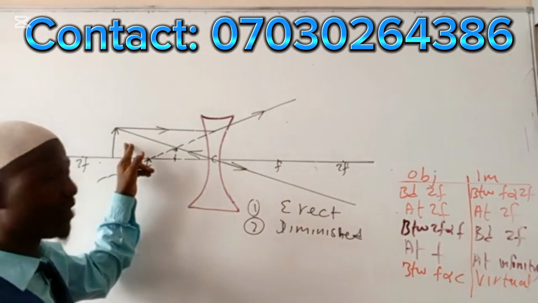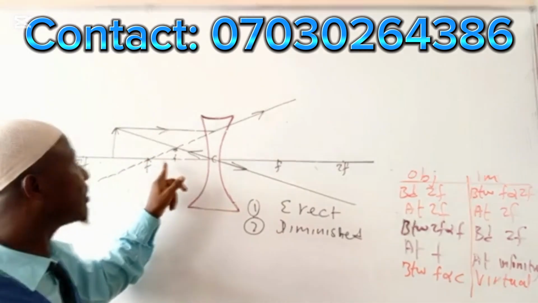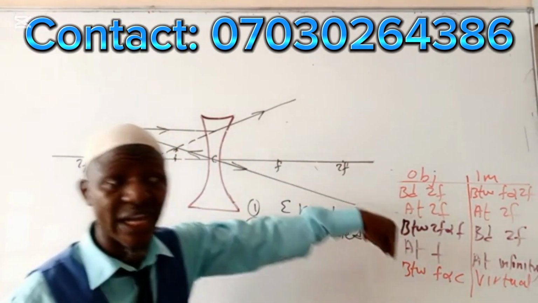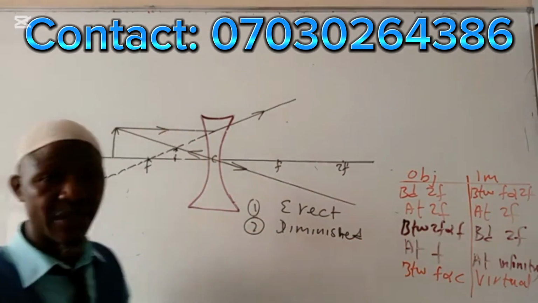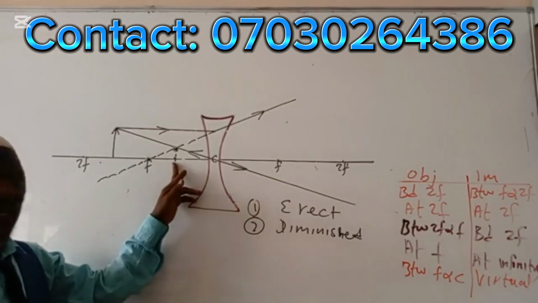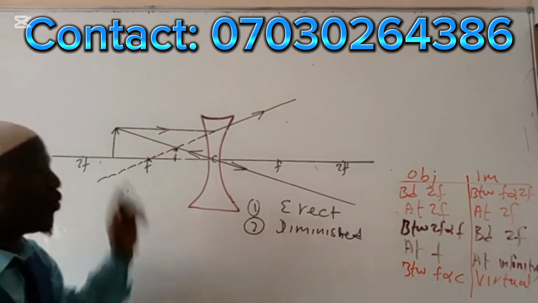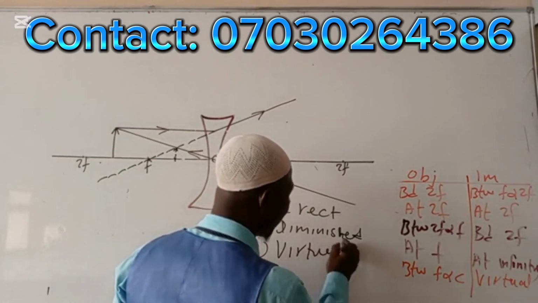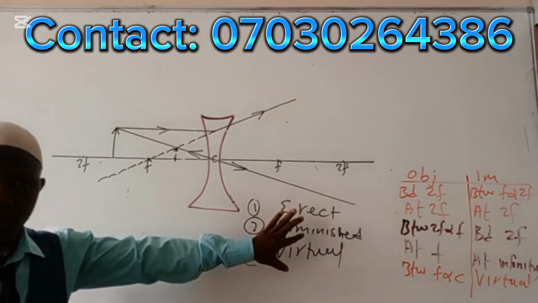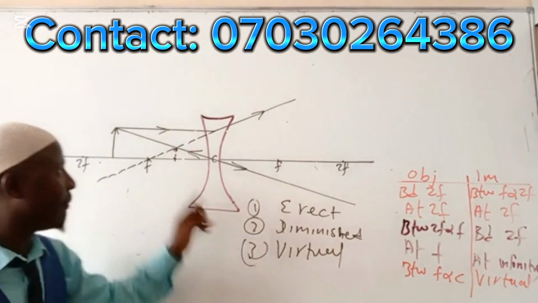But in the case of a lens, we are expecting the image to form on the other side of the object. Otherwise, we call it a virtual image. So this one forms on the same side as the object. We call it virtual. So these are the three major characteristics of the image formed by what?